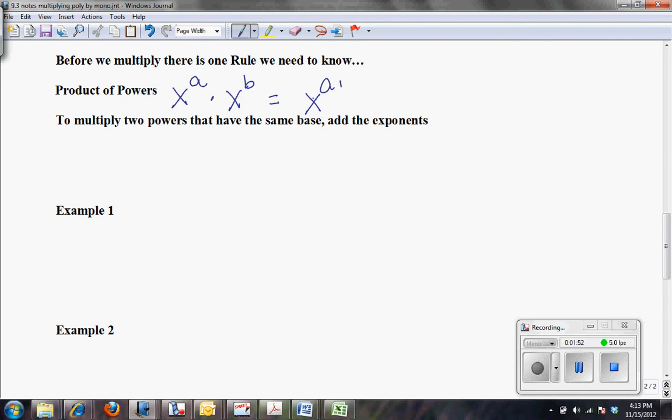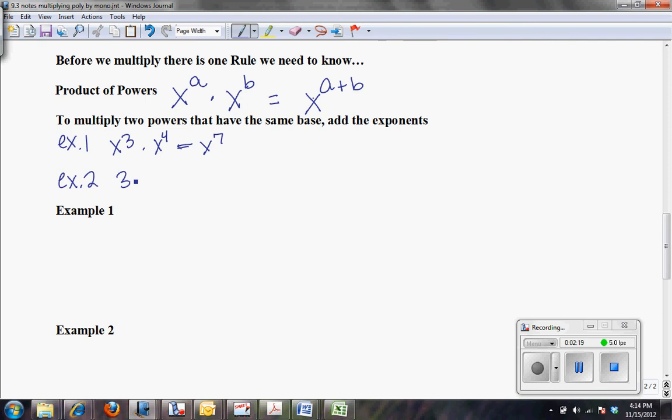So we keep the base the same and add the exponents. Now that's in formal terms. Let's give it some real examples. If you had x cubed times x to the fourth, that's going to end up being x to the seventh.